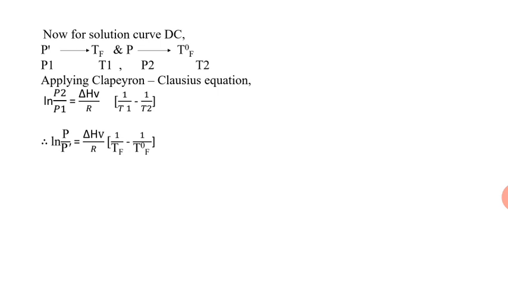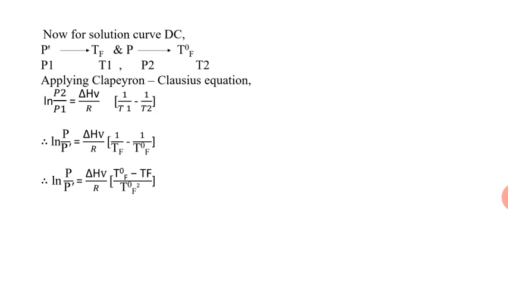Again cross multiplication and subtraction, we get ln P upon P dash is equal to delta Hv upon R, T0F minus Tf upon T0F square.